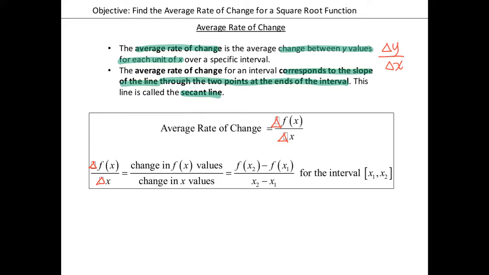But if you remember our function notation, f of x is the same thing as y, right? So this formula is exactly the same as y2 minus y1 over x2 minus x1. The other one is just in function notation because we're talking about square root functions. But for simplicity, we can just call them y's instead of f of x's. It's the same thing, okay?